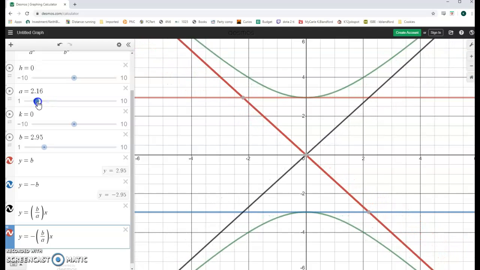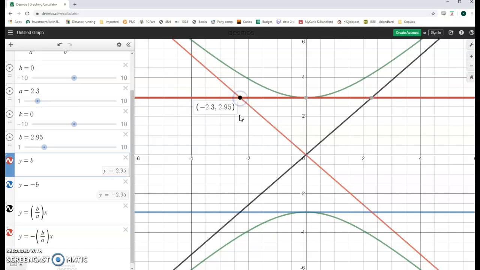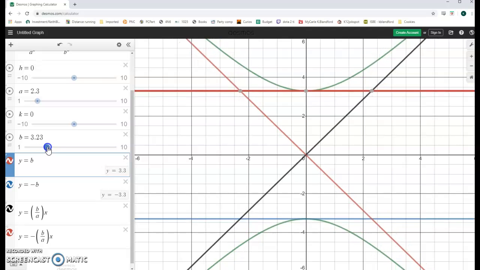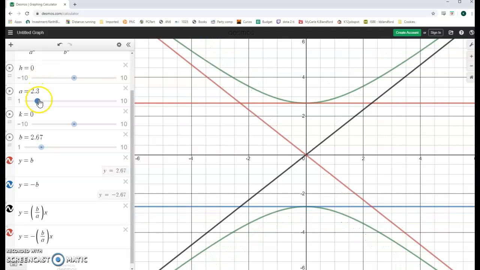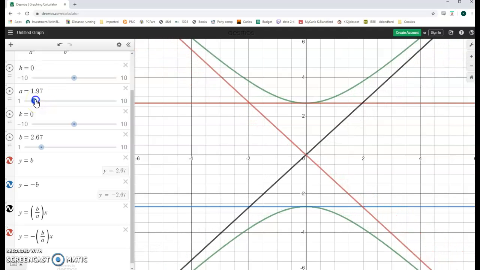Like if you want to envision this, you've got a nice little box between these 4 points. So changing the b value is going to raise your box up or bring your box down, and changing your a value is going to make your box wider or thinner.